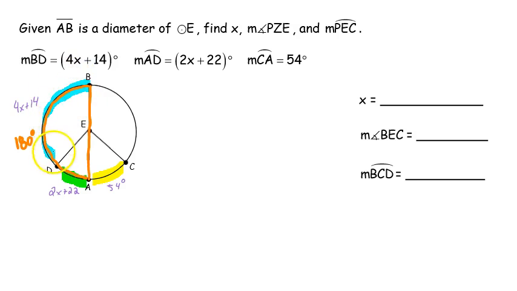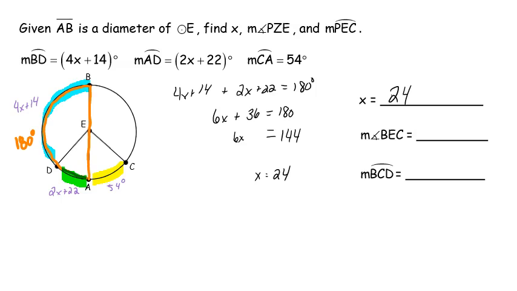Now I have arc addition: arc BD plus arc AD equals 180 degrees. I can set 4x plus 14, add my next arc, 2x plus 22, and set it equal to 180 degrees. When we go through the algebra steps here, combining like terms, using our inverse operations, we get x equals 24.